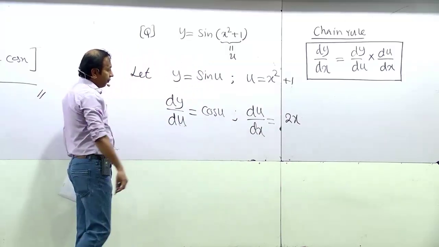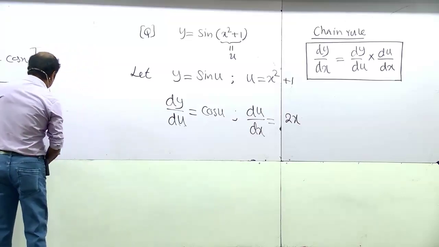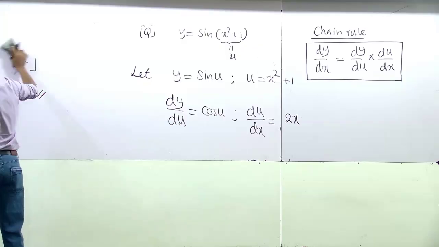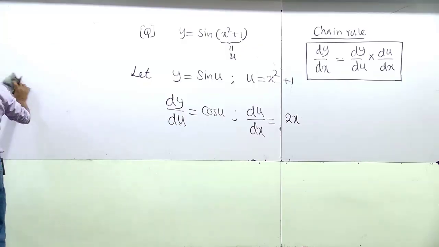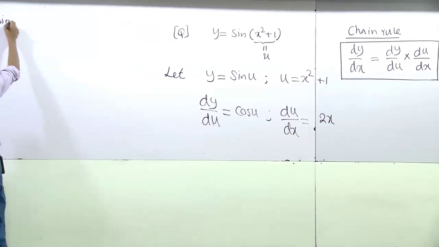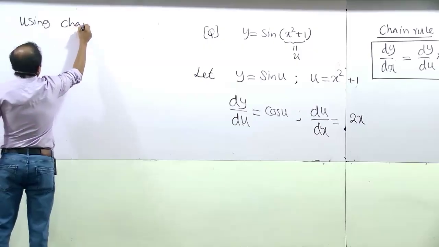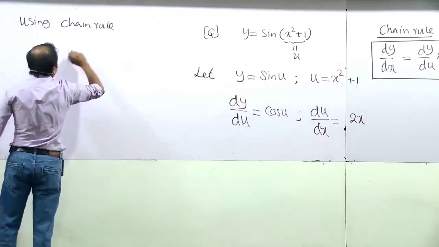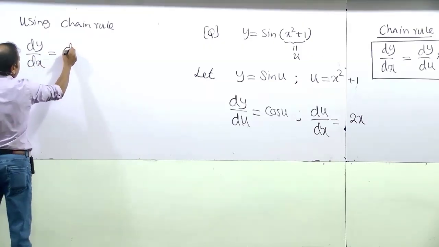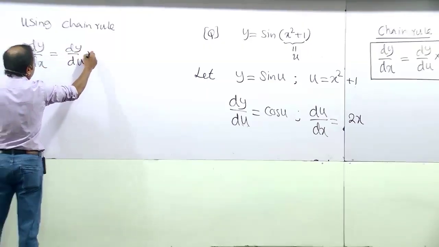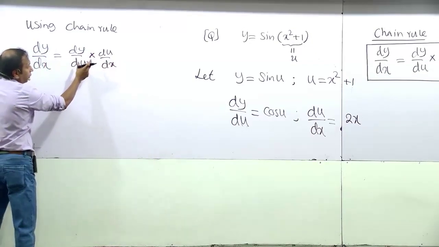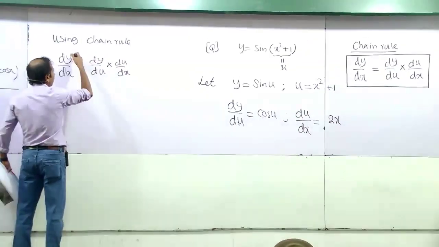Now use the chain rule: dy over dx equals dy over du multiplied by du over dx. When we cancel the du, we get dy over dx, the same thing as the left hand side.